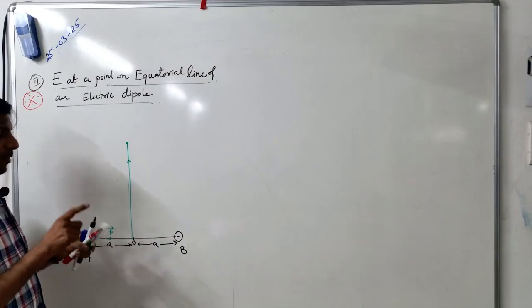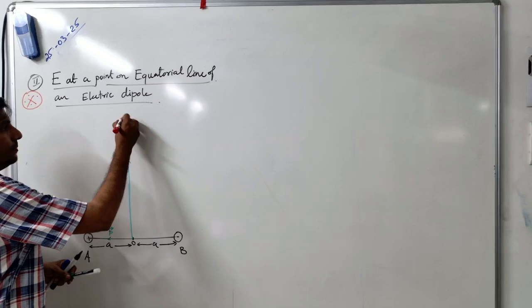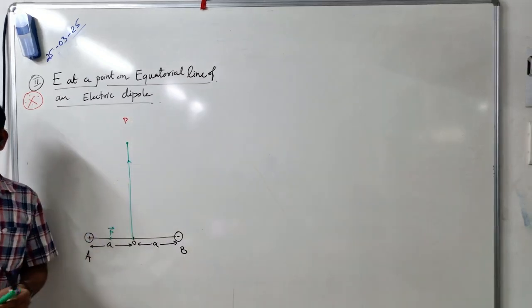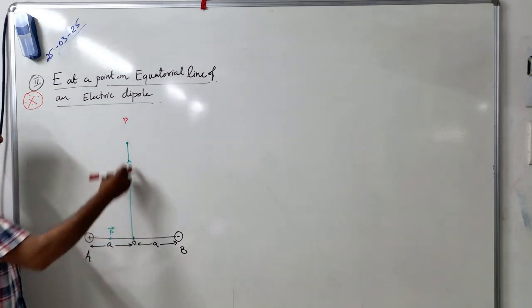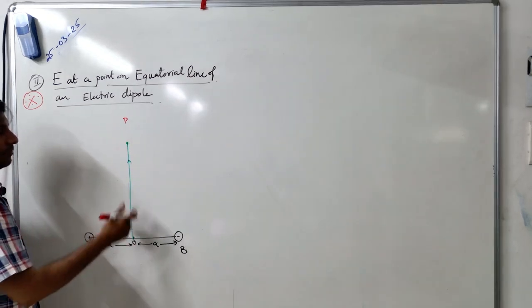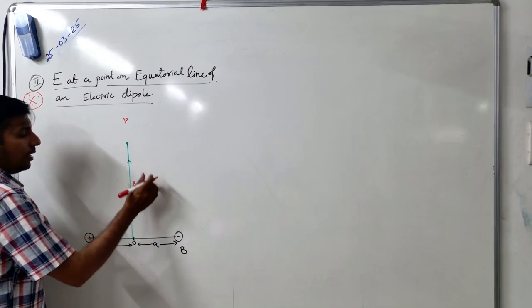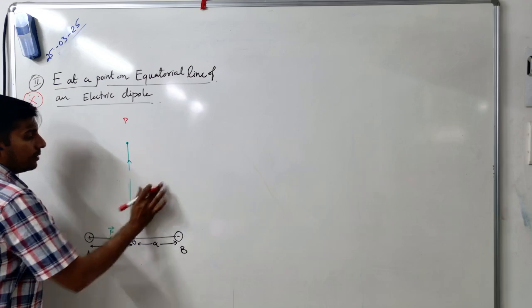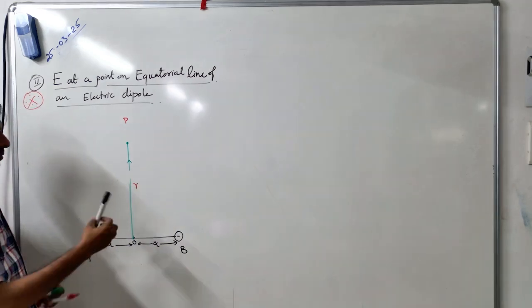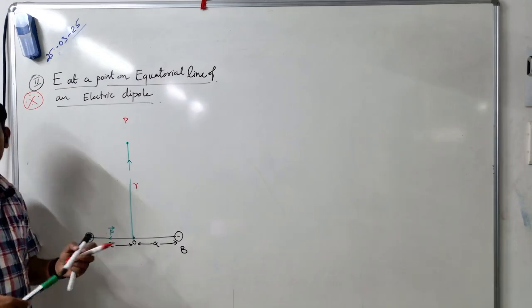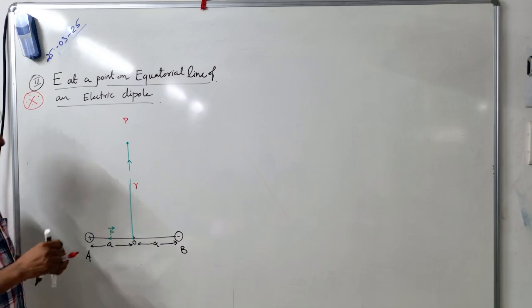Like last time, I call this point capital P. This is the point where I am going to measure the electric field strength due to this dipole system. This point P is at a distance of r from the center. Noted?